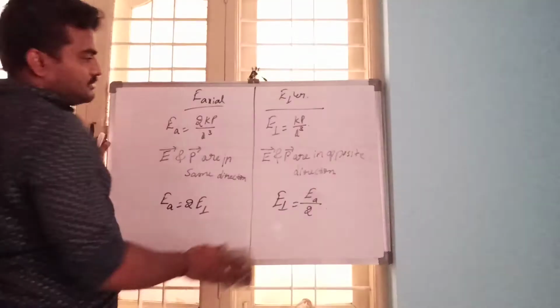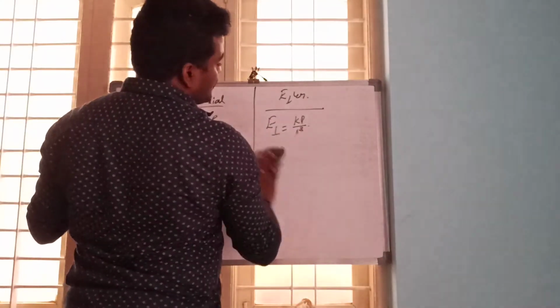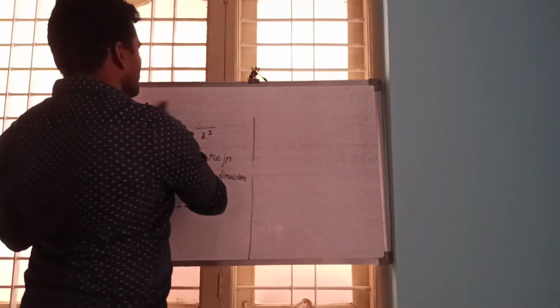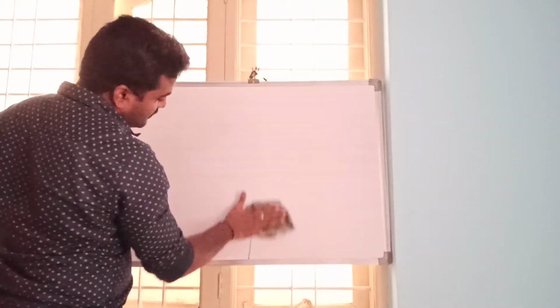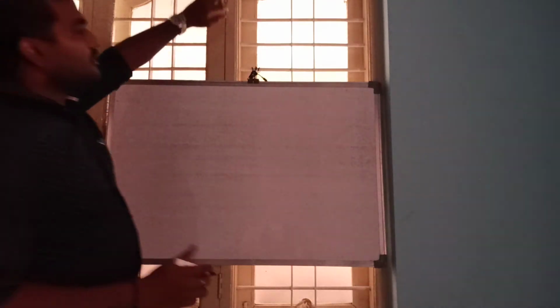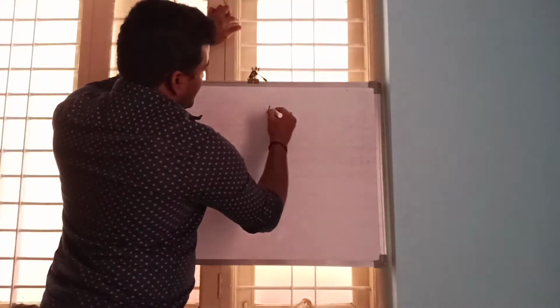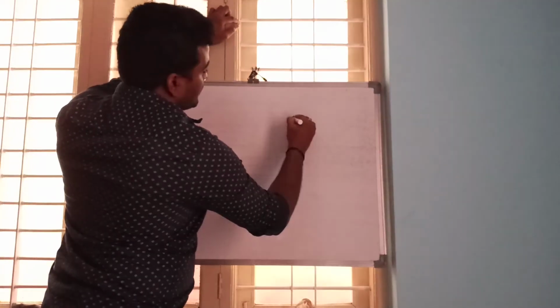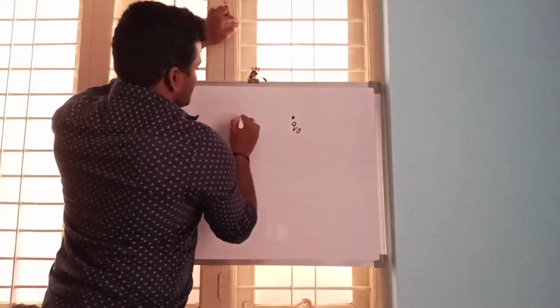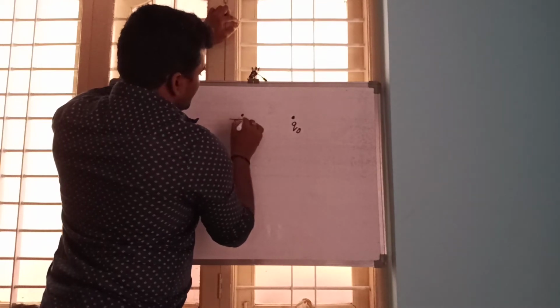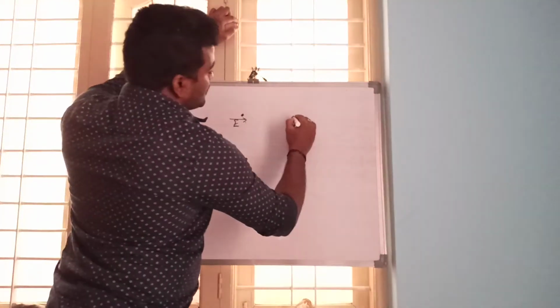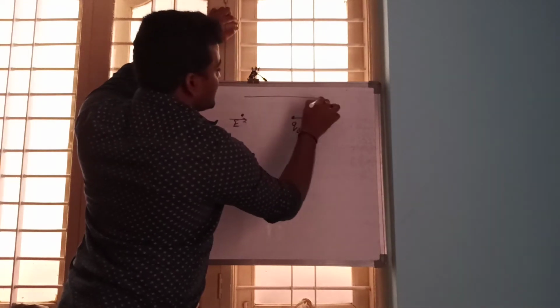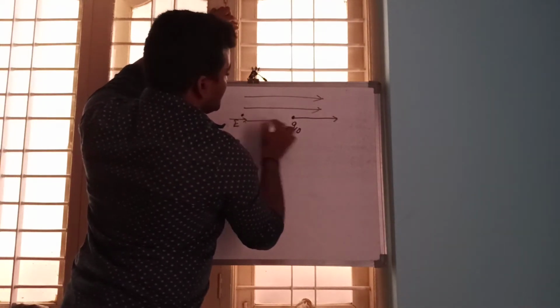Clear? Okay. Now, what will happen to the dipole if we place the dipole in an electric field? So before jumping to that, let us summarize that whenever a point charge Q0 is placed in an electric field E bar, if Q0 is positive, then it will be aligned in the same direction as the electric field.